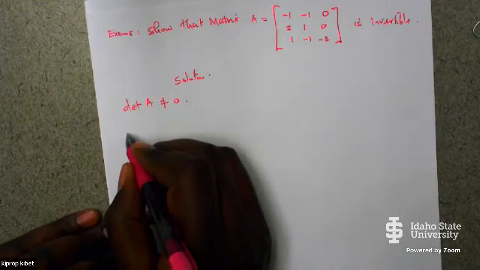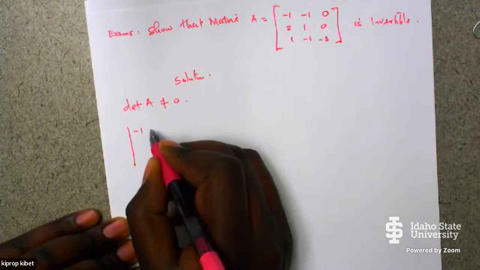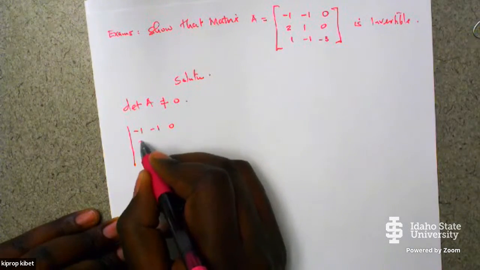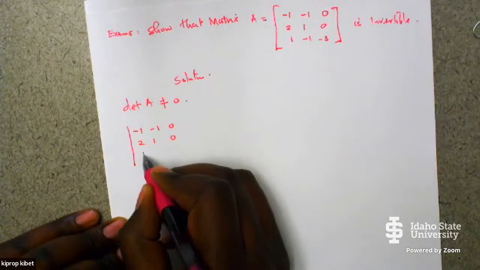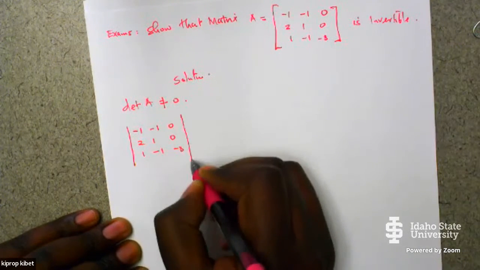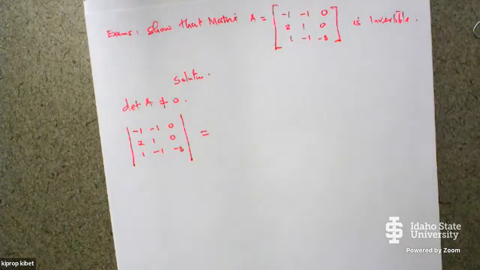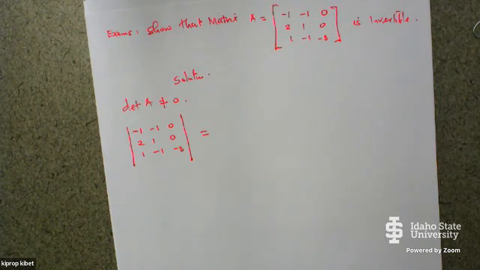So the determinant of [-1, -1, 0; 2, 1, 0; 1, -1, -3] is equal to, since the last column has many zeros, we can use the cofactor method.